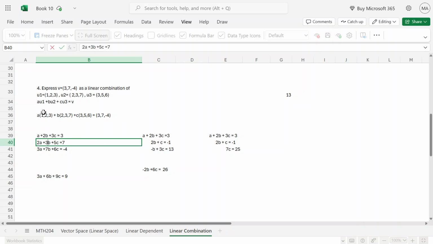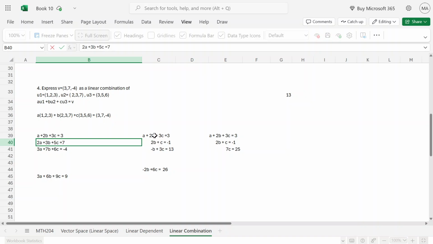Let's just redo it. a plus 2b plus 3c equals 3. 2a plus 3b plus 5c equals 7. Then 3a plus 7b plus 6c equals minus 4.